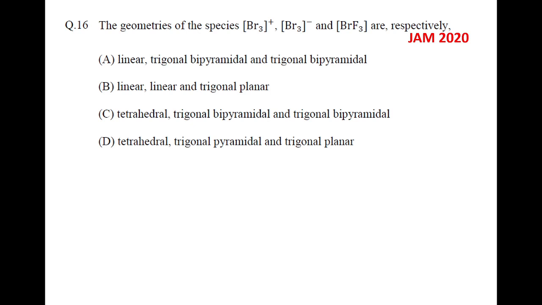The geometry of the species Br3 plus, Br3 minus, BrF3 are, respectively: linear, trigonal bipyramidal, trigonal. So regular geometry is being asked. To solve this type of question, let us discuss Br3 plus. To find the central atom, you have to break Br3 into Br and Br2.